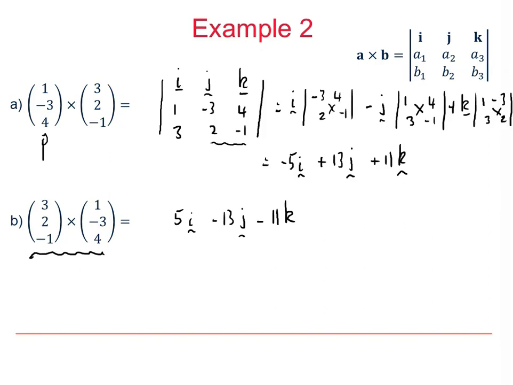Now, studying that, it shouldn't really surprise you either, because if this is A cross B in the first question, then in the second part we've got B cross A. Those should all be underlined as they're vectors, and we know that A cross B is equal to negative of B cross A.